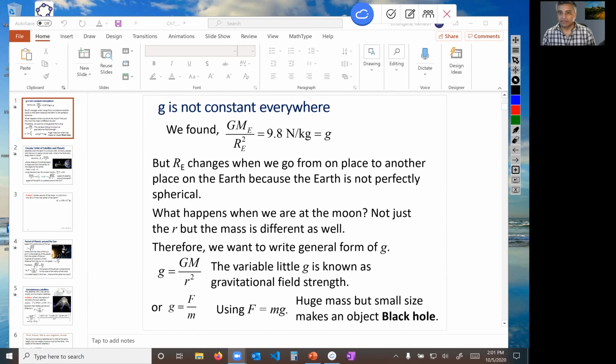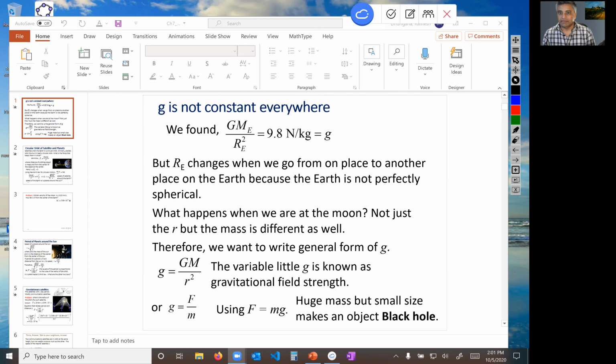So when we are standing here on the earth, this radius of the earth becomes that distance, okay? And this product, GMM over R square, becomes the value lowercase g, gravitational field strength, okay?